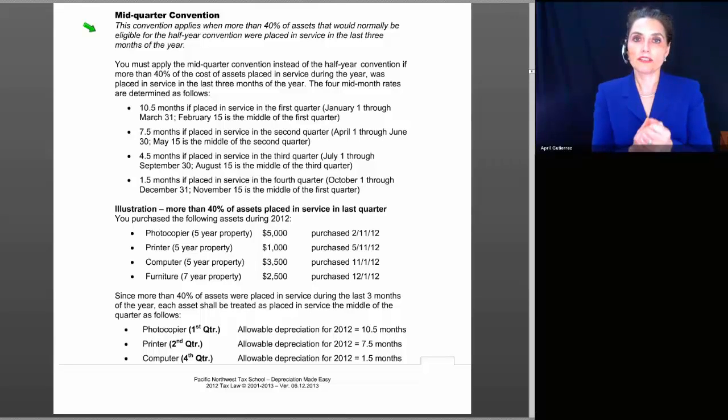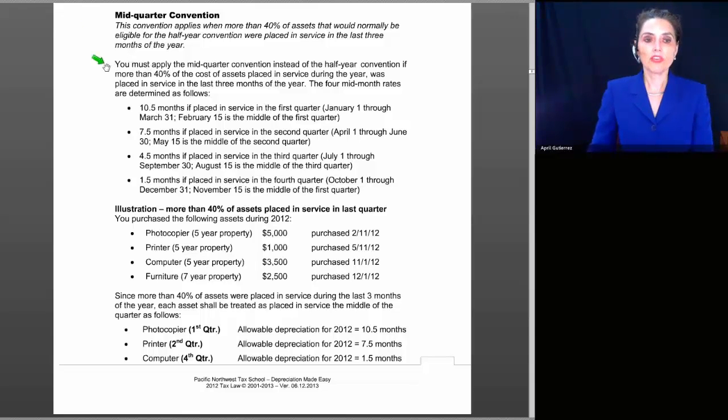So let's take a look a little bit more at how we arrive at the factors or the numbers we're going to use in figuring the mid-quarter convention and how we apply it to assets that must be depreciated with that application. You must apply the mid-quarter convention instead of the half-year convention if more than 40% of the cost of assets placed in service during the year was placed in service in the last 3 months of the year.